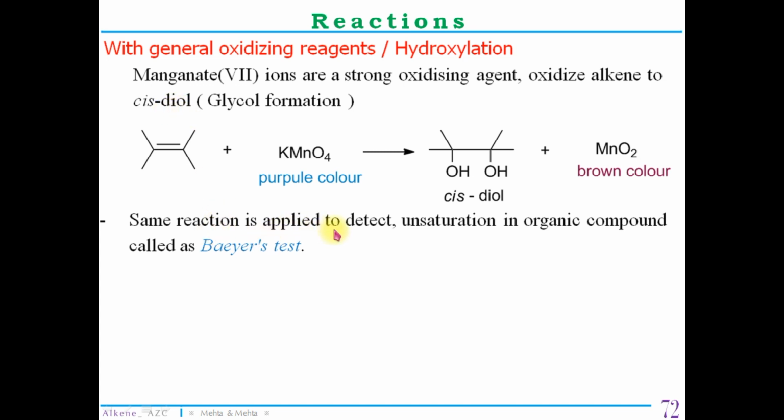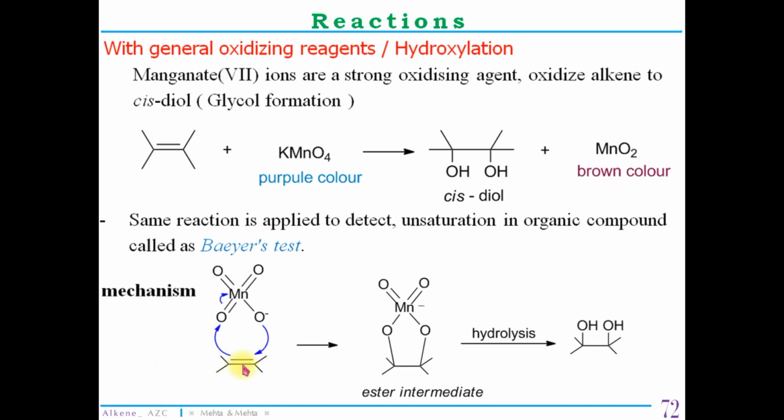This reaction is applied to detect unsaturation in organic compounds, called Baeyer's test, where if unsaturation is present in a compound, the potassium permanganate, which is purple in color, converts to brown manganese dioxide. In the mechanism, first potassium permanganate reacts with alkene to give an ester intermediate, which on hydrolysis gives the cis-diol.